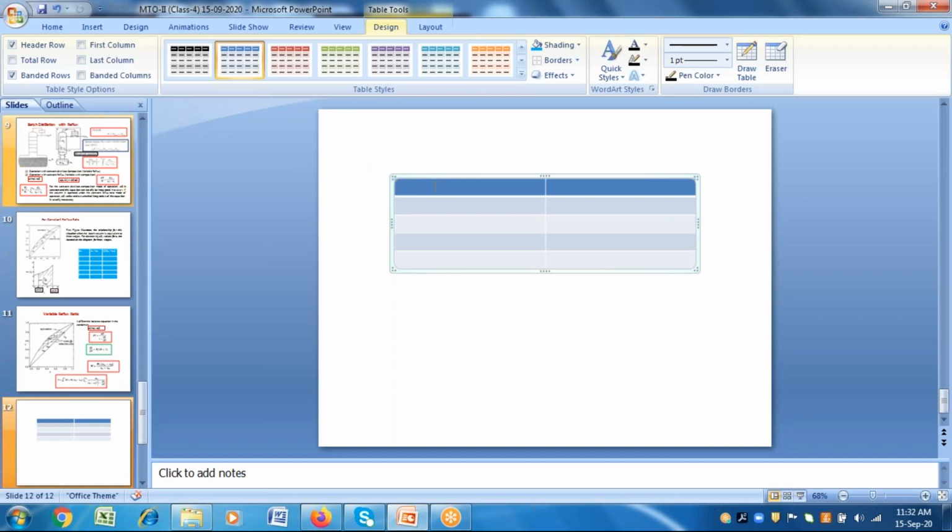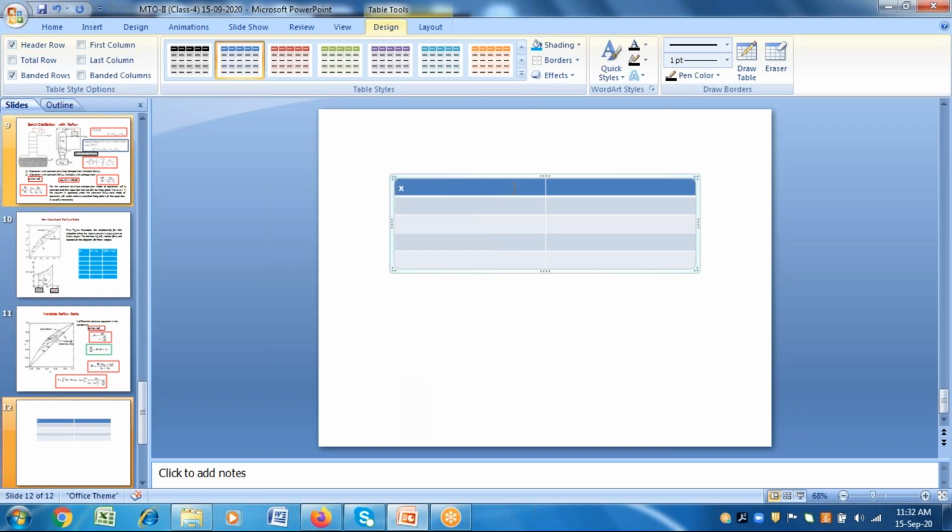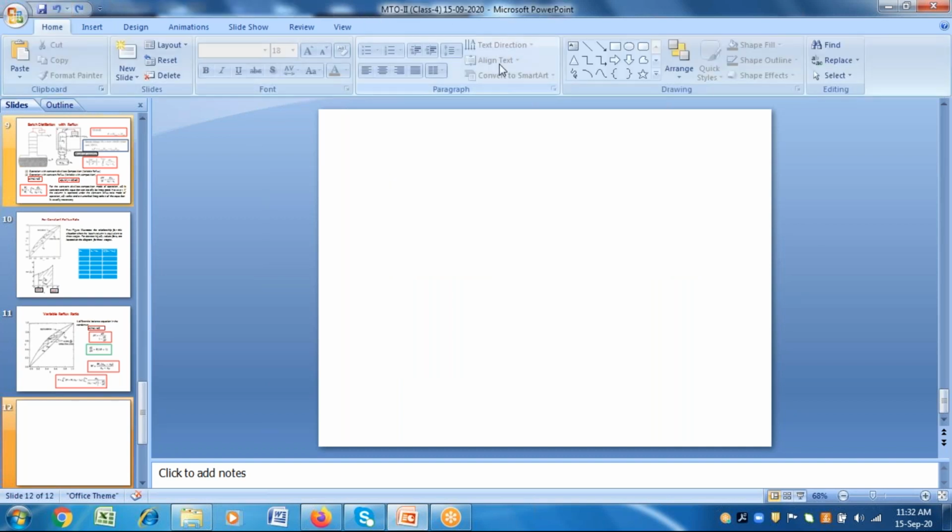So first column is X and second is Y. Note down these values.